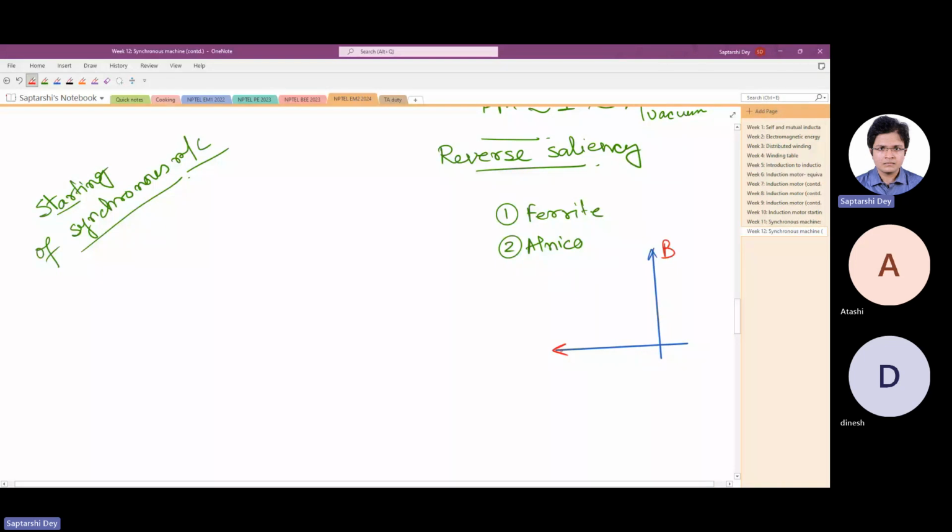Say if I draw the BH curve, ferrite is somewhat like this, alnico is somewhat like this. Let me draw it in another color. If it looks surprising to you, you can keep the questions, but I don't think I can answer it today. Why am I drawing the BH curve in the second quadrant? Ferrite is this, alnico is this. They are very low, very weak.